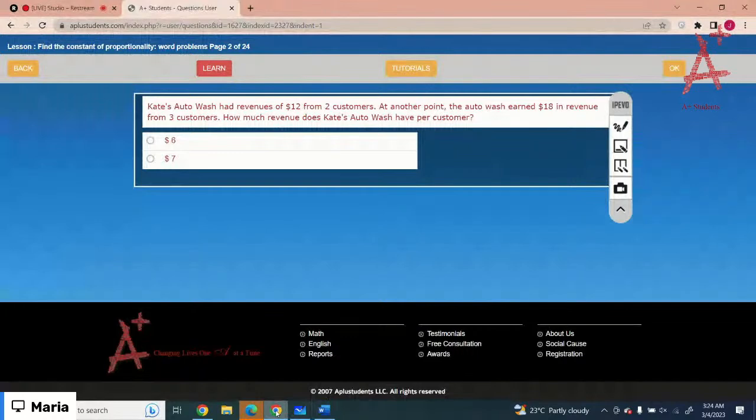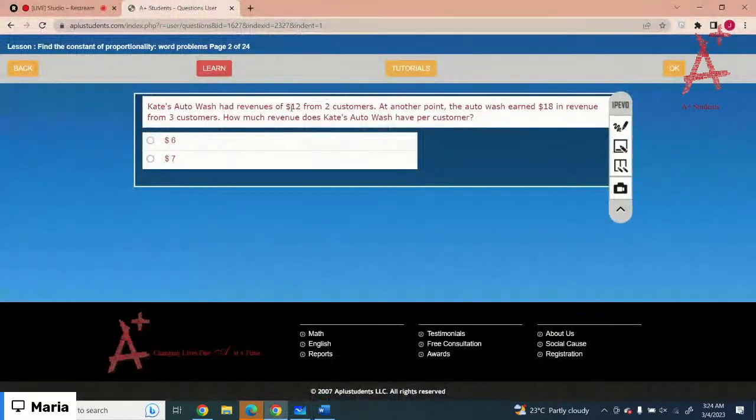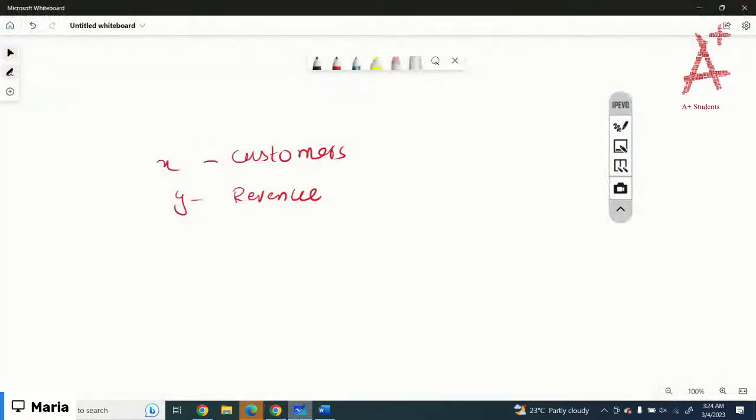So X is customers and Y is revenue. $12 revenue from two customers. Got it? So it is two customers and $12.